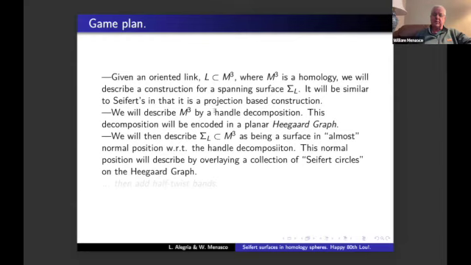When I say normal position, I'm referring back to the handle decomposition of the three-manifold, so it's normal with respect to that. Then when we construct the surface, it will also be normal, almost, with respect to the handle decomposition, because we're going to get Seifert circles too. I'll put air quotes around the Seifert circles. The almost comes from the fact that at the very end, you have to add the half-twisted bands.